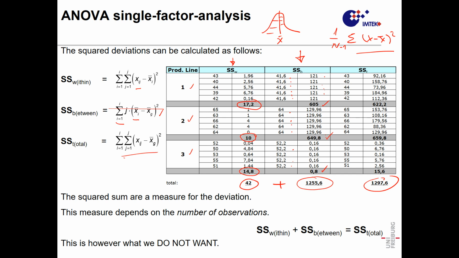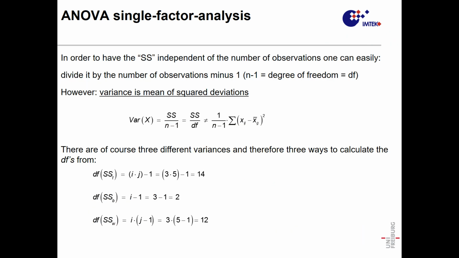So now we have the sum of square, but if we finish here, the result of your test will depend on the number of samples that you have, because the more samples you have, the difference will change. So we have to standardize. And this is what we do with the variance. We could do like the variance, where we take the sum of the square and divide it by n minus 1.